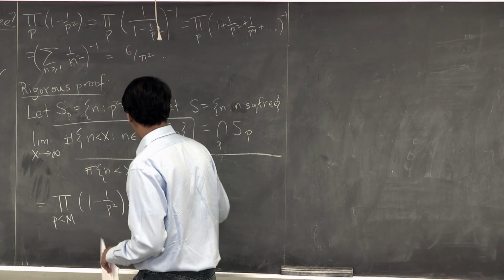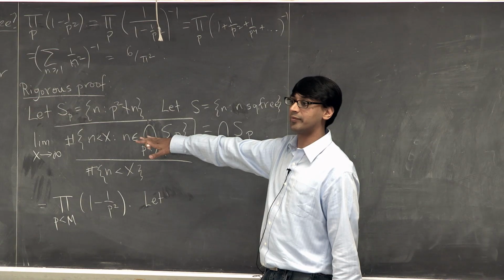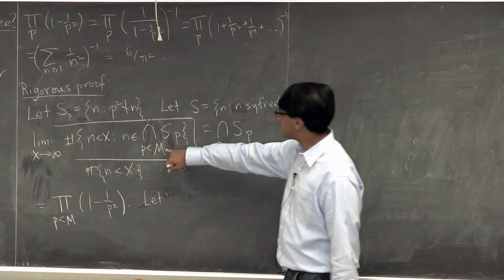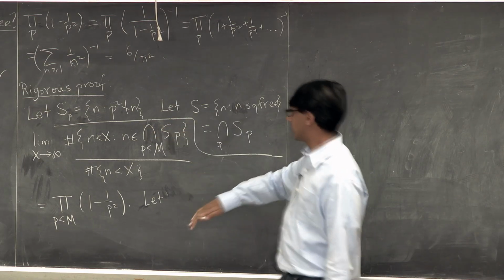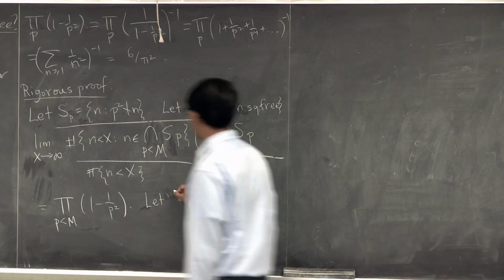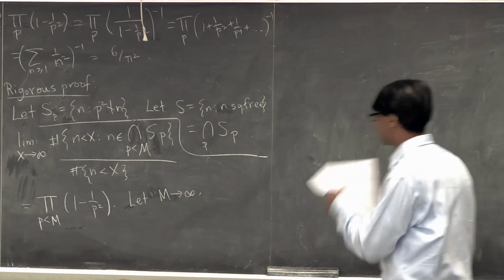And then, this set contains the square free numbers. So as you impose more and more, as you increase M, this top is only getting smaller, and this is also getting smaller, as it should. And so if you let M go to infinity, what is that saying?